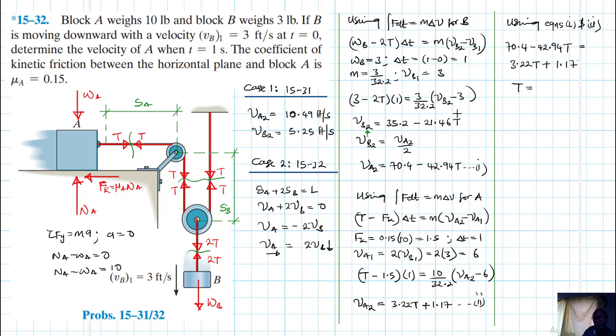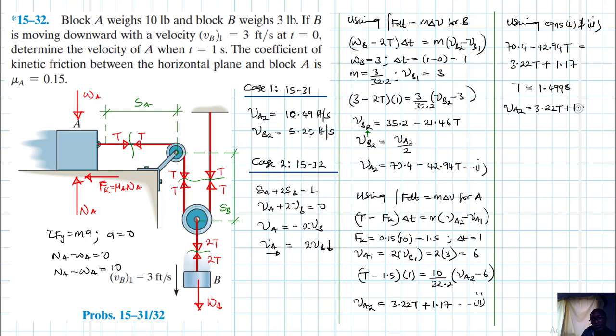Then T here is just going to be equal to 70.4 minus 1.17, divided by 42.94 plus 3.22. So we have 1.4998.